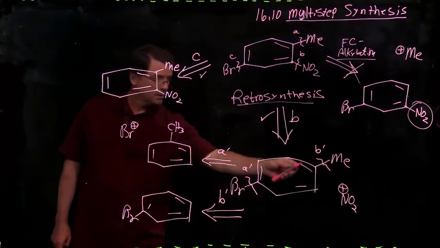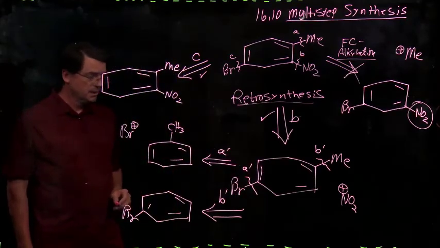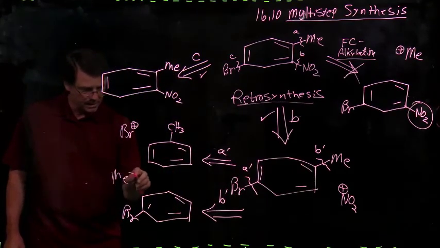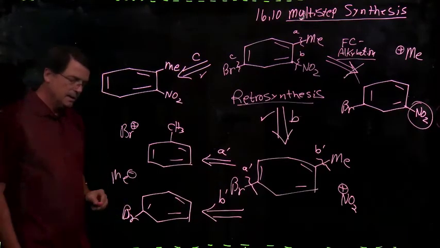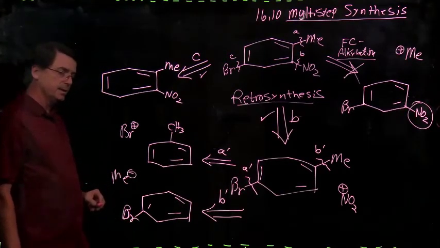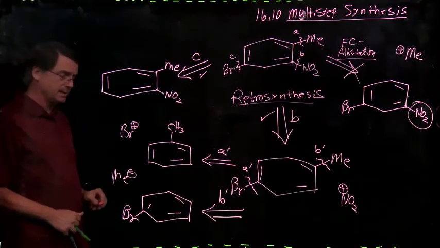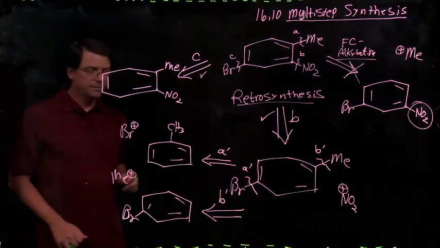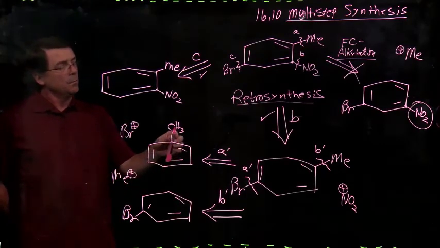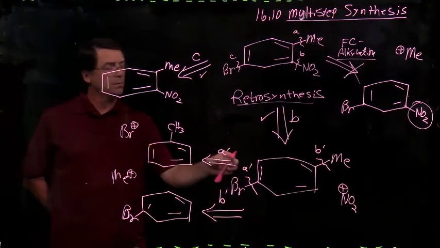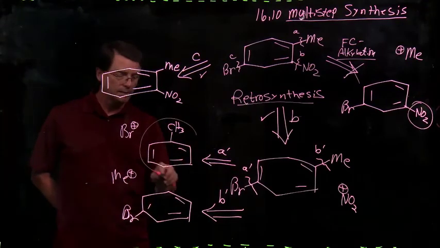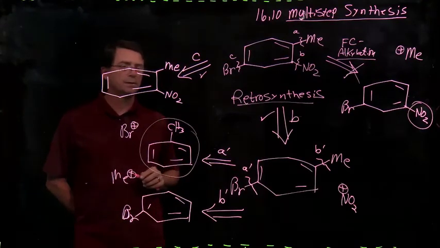Alternatively here, this would be by Friedel-Crafts, using the methyl cation to methylate bromobenzene. Bromobenzene is deactivated relative to benzene, but it's not eliminated as a Friedel-Crafts reaction partner. Whereas toluene is activated. So we would expect then that the toluene bromination pathway would probably be better, and we could actually start with toluene in our synthesis.